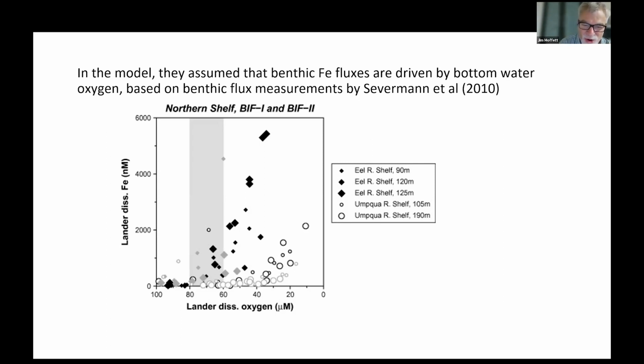These data here are benthic flux measurements, the kinds of things that Matt does. They're not necessarily water column measurements, but they do show that there's this kind of threshold. And notice that the scale here is in the reverse direction: high oxygen on the left, low oxygen on the right. The oxygen has to be less than about 60 or 70 micromolar for these fluxes to be high.